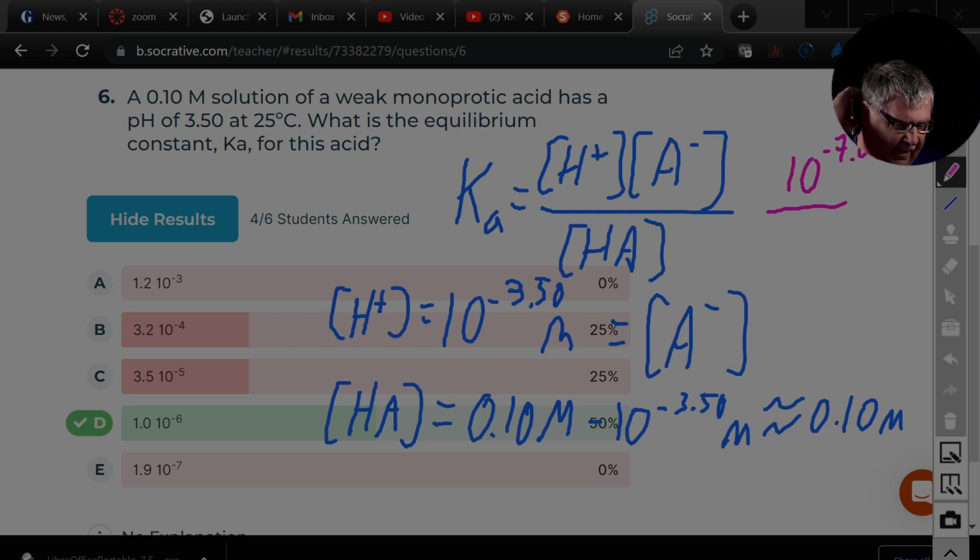The concentration of the conjugate acid is going to be 0.1 minus whatever that value is, which rounds back to 0.1. So I get 0.10. So I'm going to take 10 to the negative 7th divided by 0.10, and that gives me 1.0 times 10 to the negative 6th. So you can see how that works.